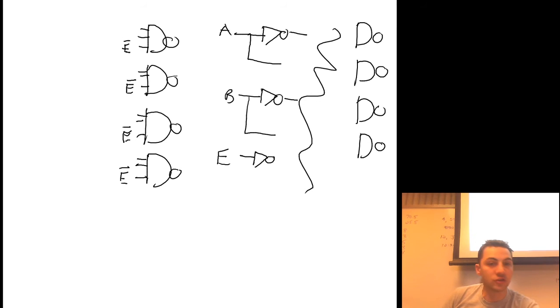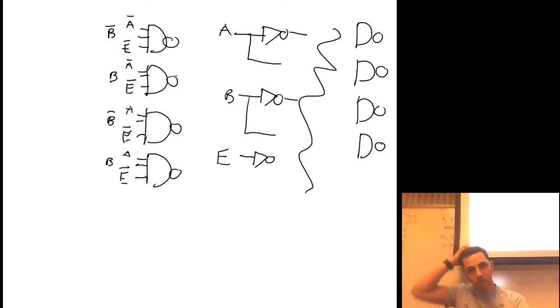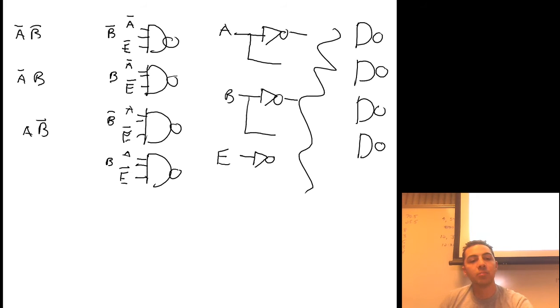And the first two were connected to A bar and A bar. The last two were connected to A and A. Then it went B bar, B, B bar, B. So effectively what we had was A bar B bar, A bar B, A B bar, and A B. So effectively 0, 1, 2, and 3.